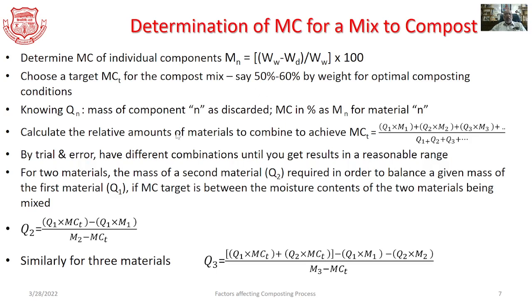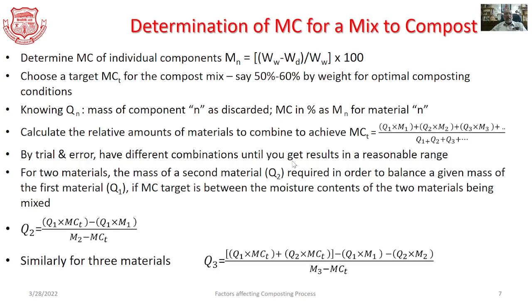So, knowing Qn as mass of component of material N on weight basis, that is as discarded, and the moisture content in percentage as Mn for that material N, we can calculate the relative amounts of the materials to combine to achieve that target moisture content MCT by making use of this expression: Q1 M1 plus Q2 M2 plus Q3 M3 etc. divided by Q1 plus Q2 plus Q3.